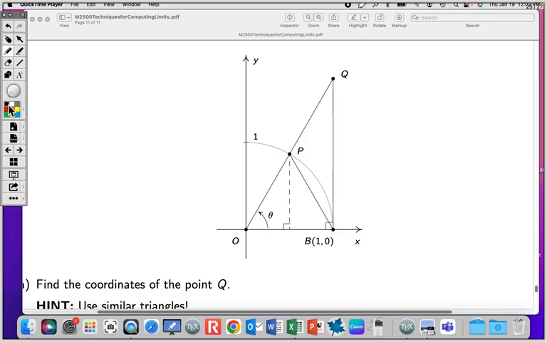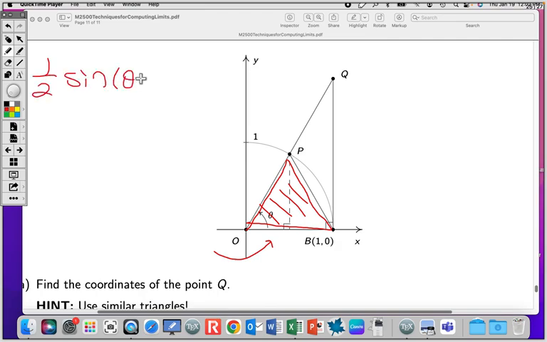So going back to what we did before, we've already shown in the previous video that the area here is 1/2 sine of theta. We've already shown that the area of this sector is 1/2 theta.